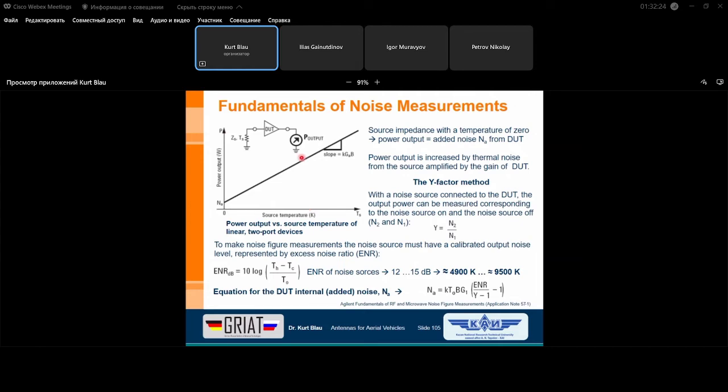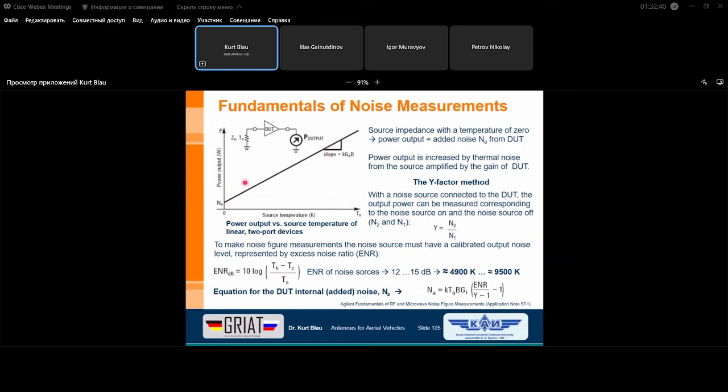Then our output noise power is increasing. And now we have 2 points, and with these 2 points in this diagram, we can determine the steepness, or the slope, of this line here.